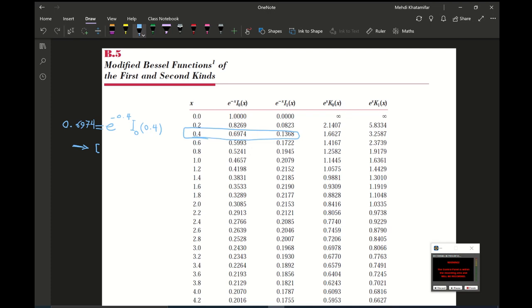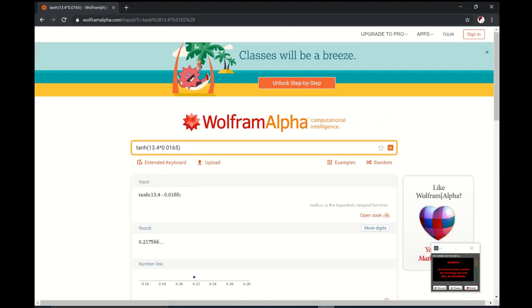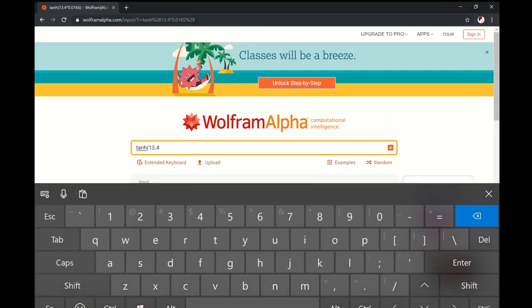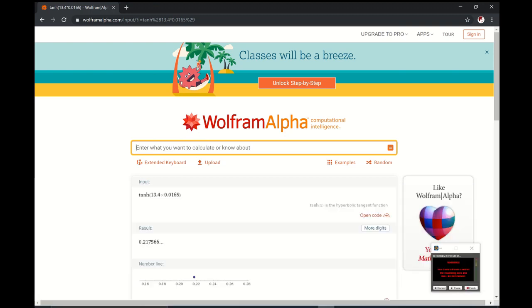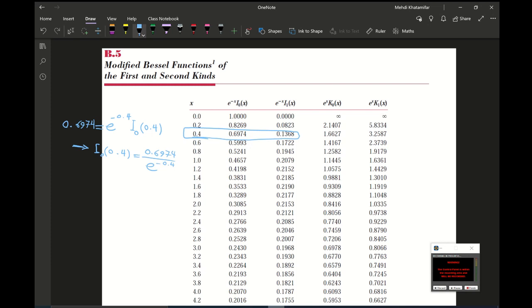Therefore, the Bessel function of 0.4 is going to be 0.6974 divided by e to the power minus 0.4. Let's see what this is going to be. Again, let's go here and find the value.